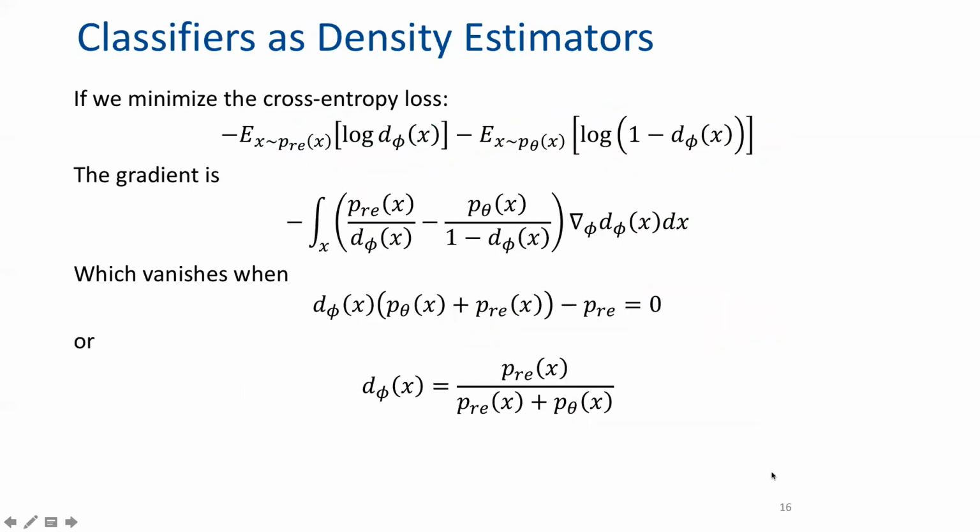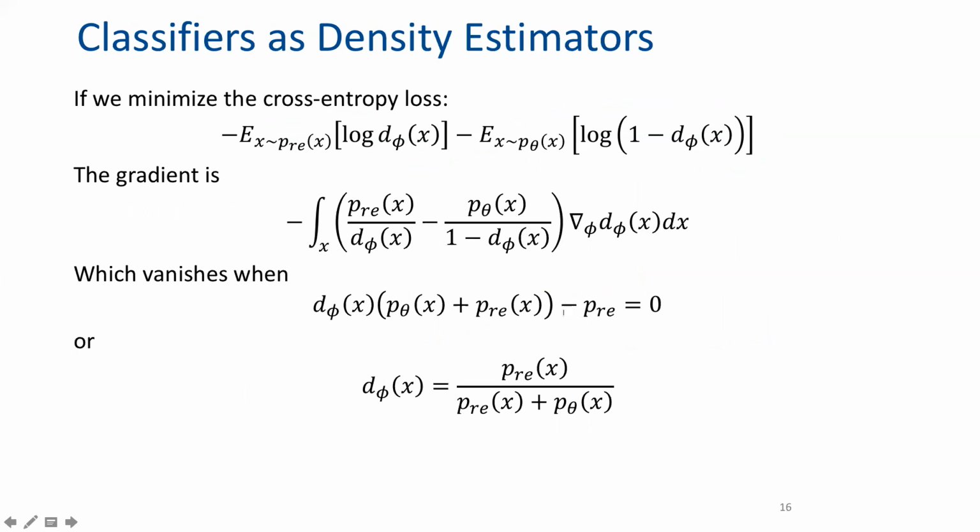All right, so we want to minimize the cross entropy loss. That's what we're using to train the discriminator. We can compute its gradient. This is just a quick proof that when we have optimized with respect to phi, it means that this gradient with respect to phi is 0.